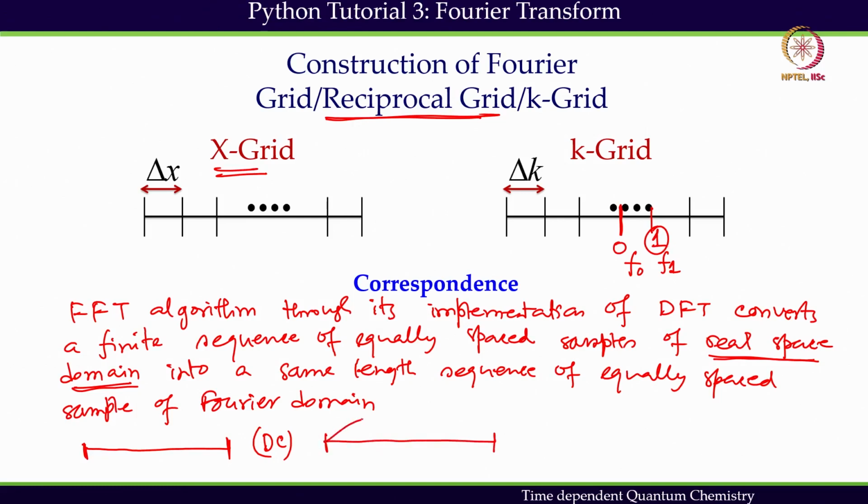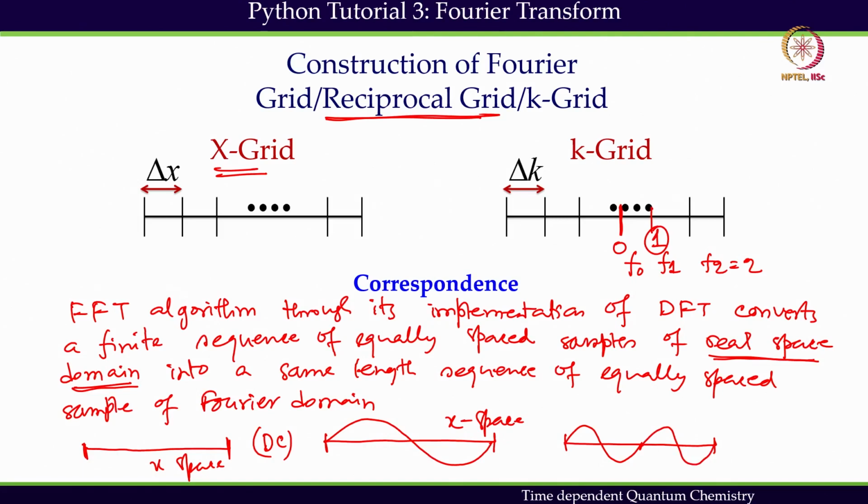So, I have only one single oscillation in the entire X space. This is X space. This is again X space. In the third one, we have seen that F2 equals 2, so I have 2 complete oscillations, and so on. That is the way it is moving forward.